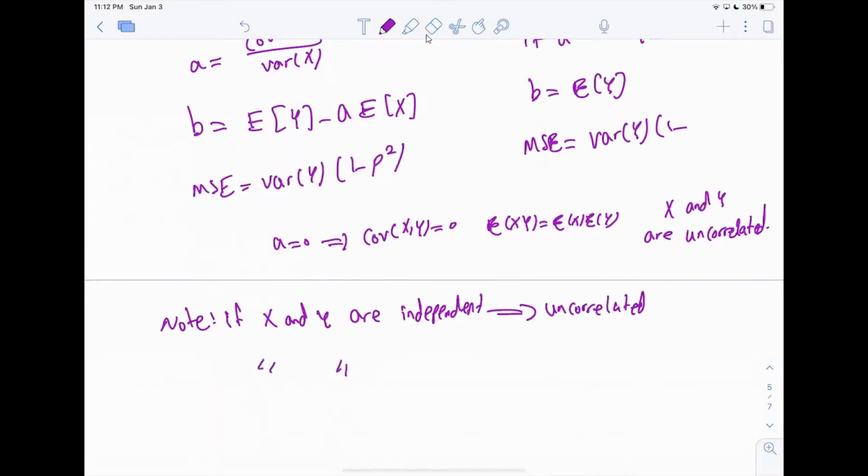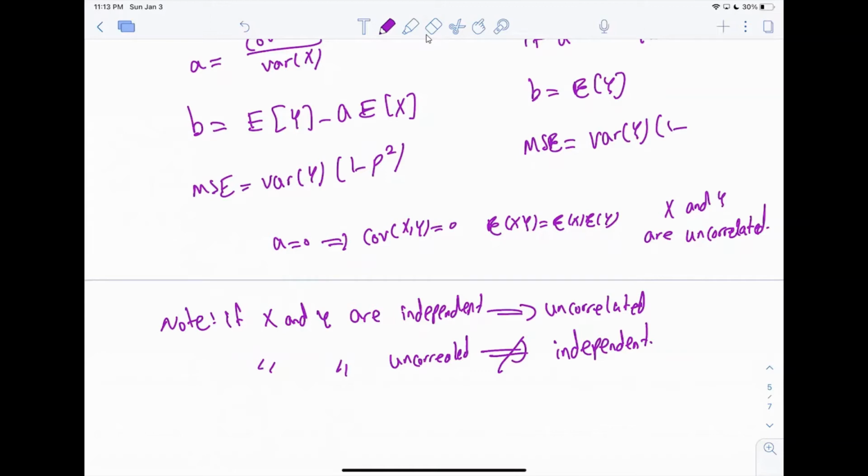But if x and y are uncorrelated, it doesn't mean that they are independent. So here, assume that if x and y are independent, the covariance is 0. Or you can assume that x and y are uncorrelated.